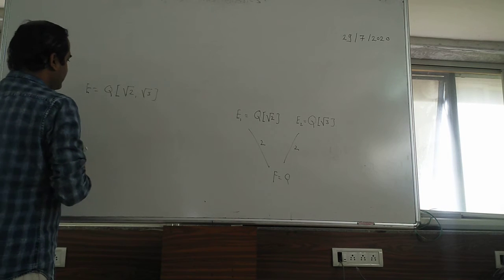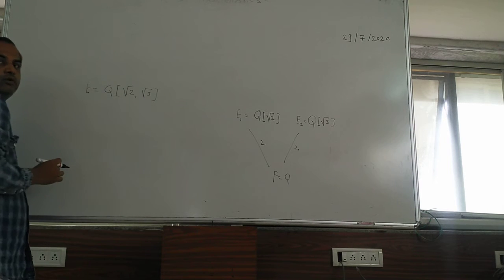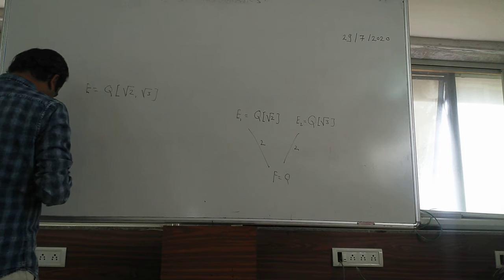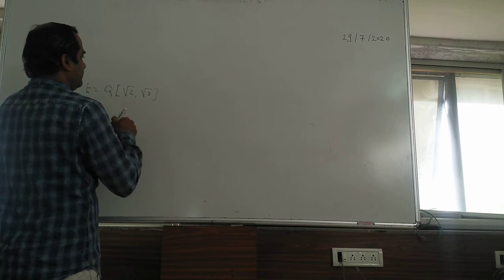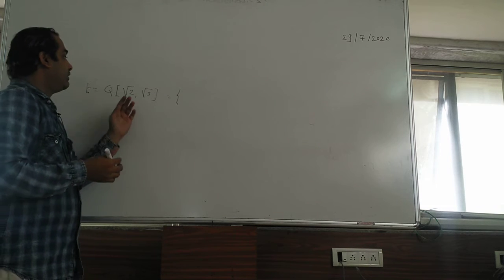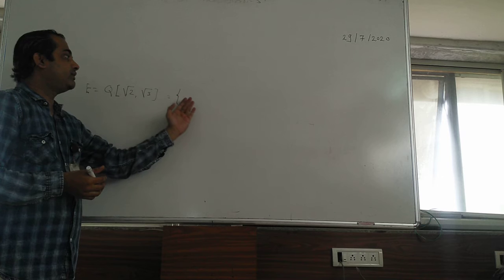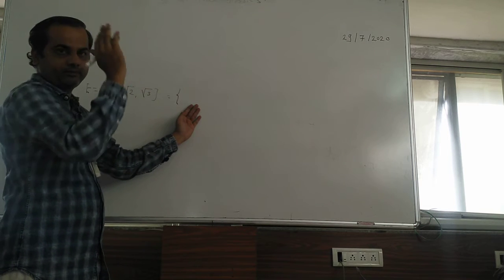Because what is Q of root 2 comma root 3? The elements of this field are of the form a0 plus a1 x plus a2 x square plus a3 x cube and so on.